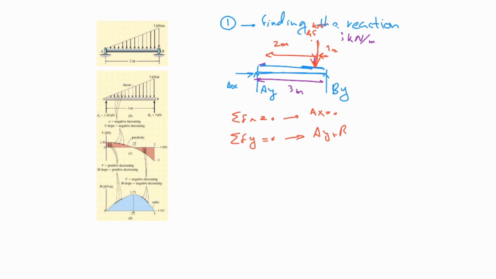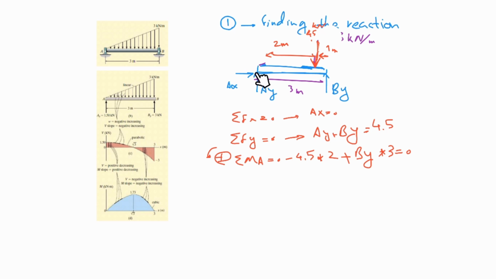Ay plus By should be 4.5, and sigma M around any point, I choose A, equal to 0, counterclockwise positive, that would be, I have 4.5 times 2. I'm taking the moment around this point, this is clockwise, meaning that it should be negative, and I have By times 3 equal to 0.